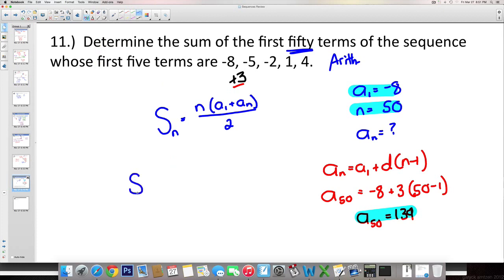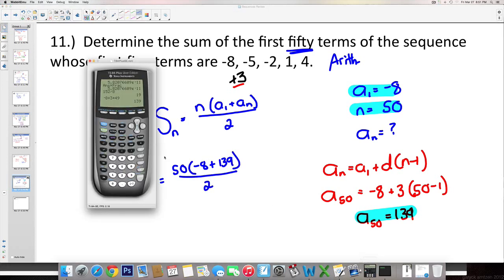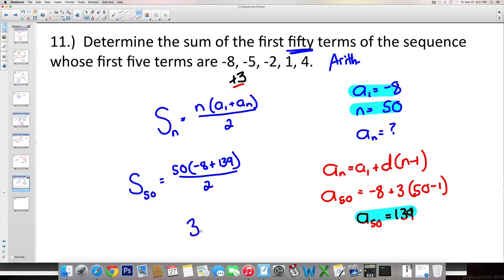So the sum of the first 50 terms is 50 times negative 8 plus 139, divided by 2. So we get 3,275.